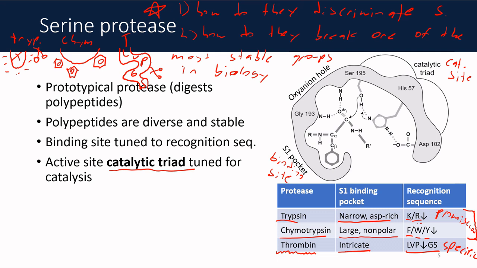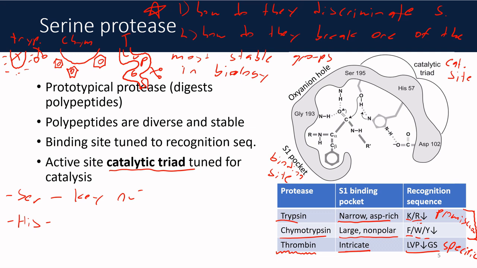The 3 key players of most catalytic triads are, first and foremost, serine. The role of serine is to serve as the key nucleophile for attacking the amide bond. The next component of the catalytic triad is histidine.